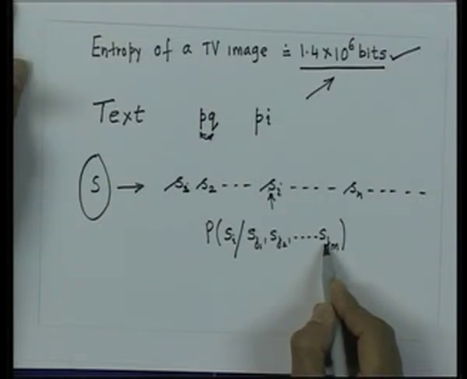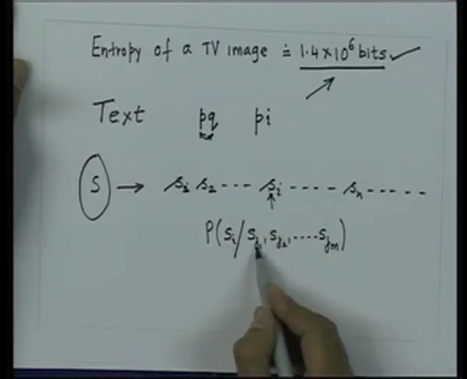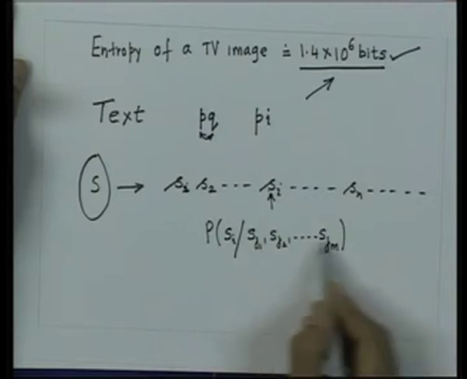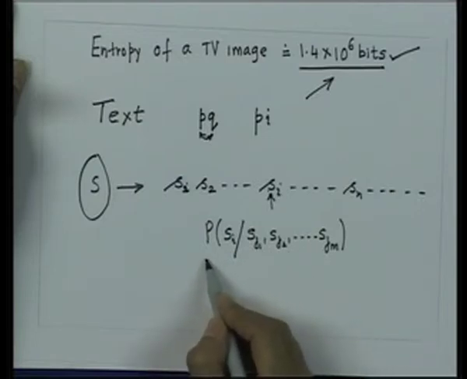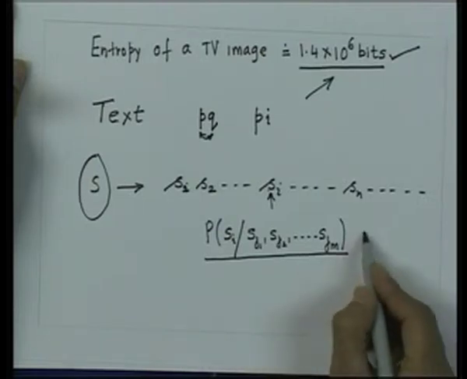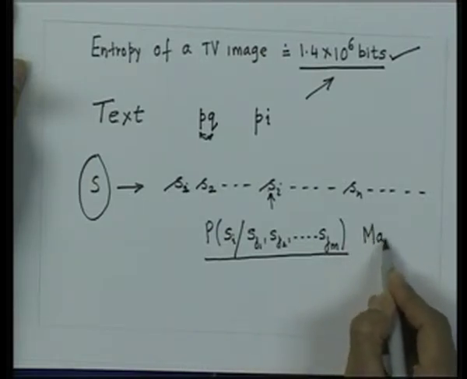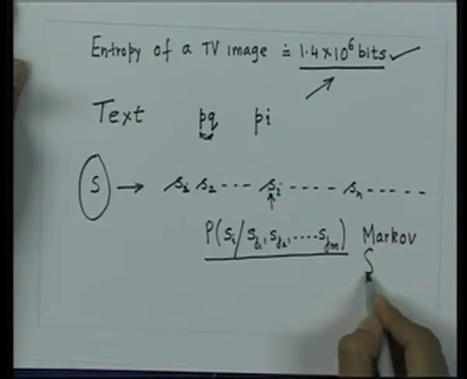Sjm is closest to Si and Sj1 is farthest away from Si. When you have this kind of dependency, this is known as a Markov source.